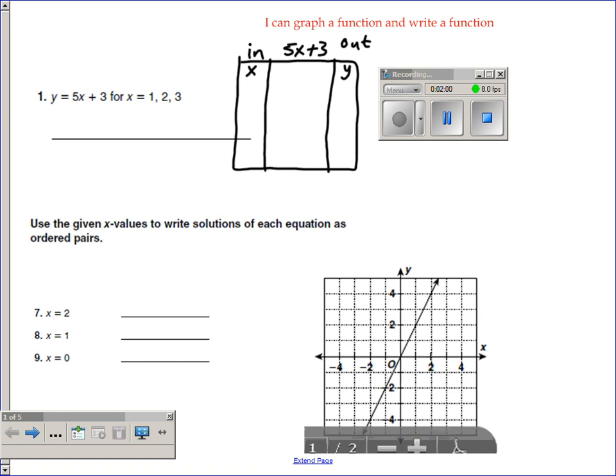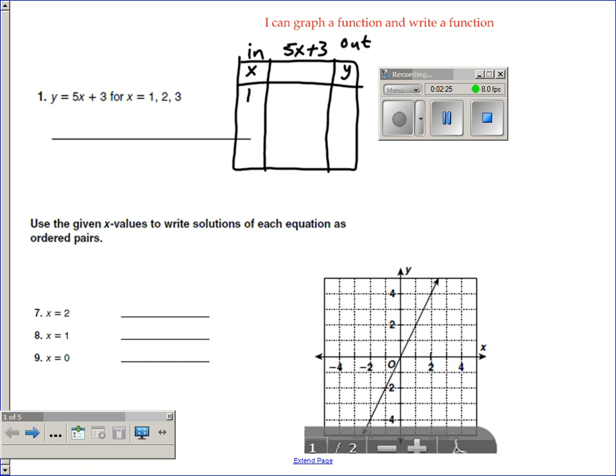Well, here it says right here, for x, we're going to use 1, then 2, then 3. So we're going to put in the value of 1. That's our input. We're going to put it into the expression or rule, and then we're going to tell what we get out. Okay? And we've done something like this.